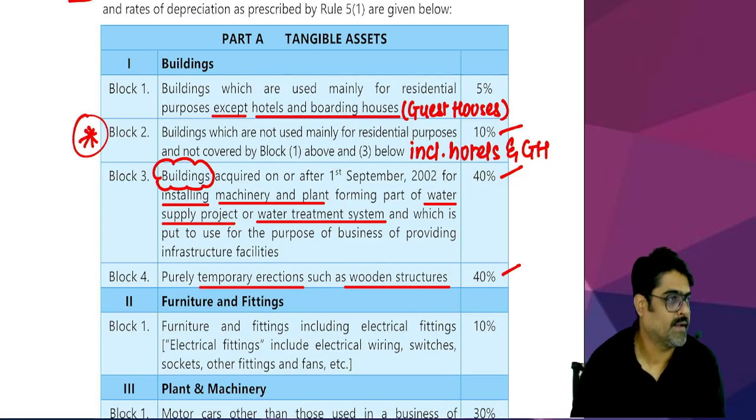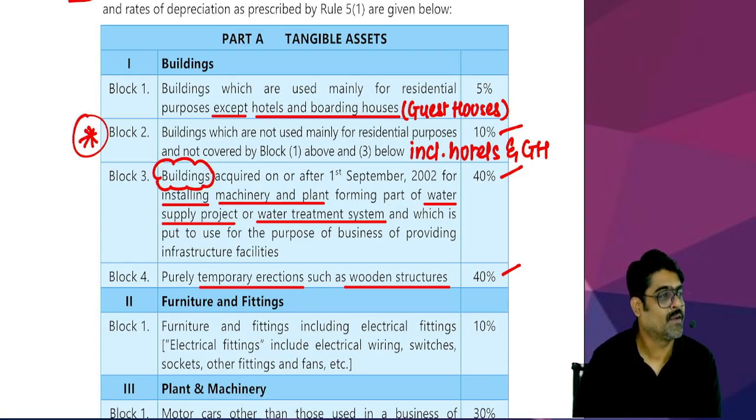Now, wait. Sometimes you buy land and building together. So the total cost which you will incur will include cost of land and cost of building.